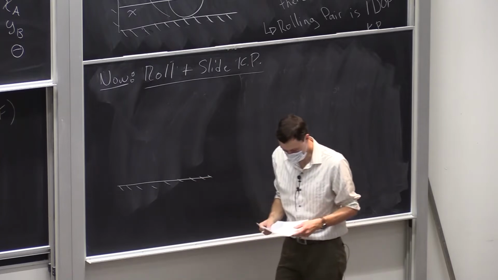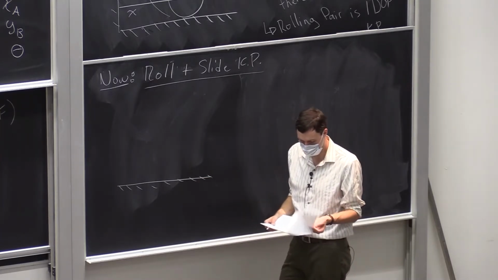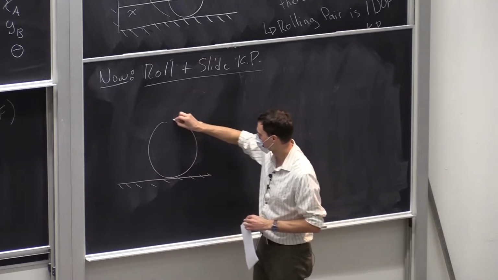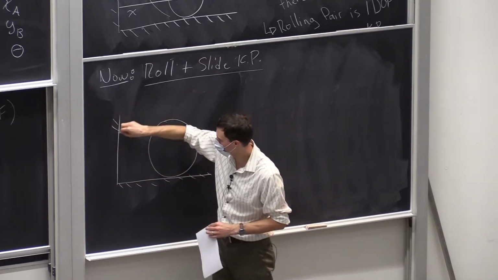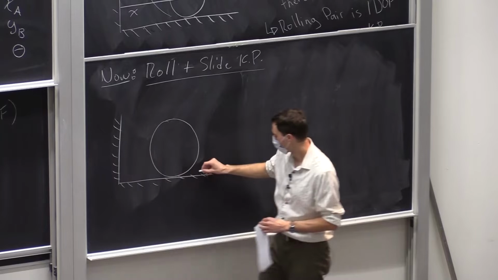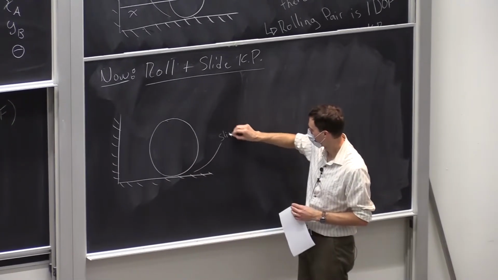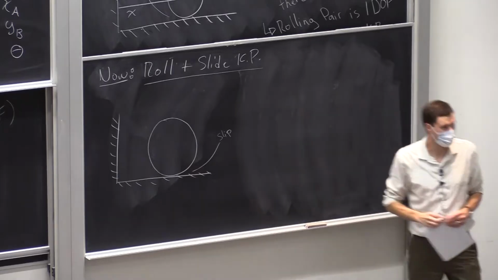Okay, so roll plus slip, I'm going to do the exact same drawing, but it's just going to be allowed to slide as well as roll. So we don't always have to write this, but I'm going to write that slip is occurring there.